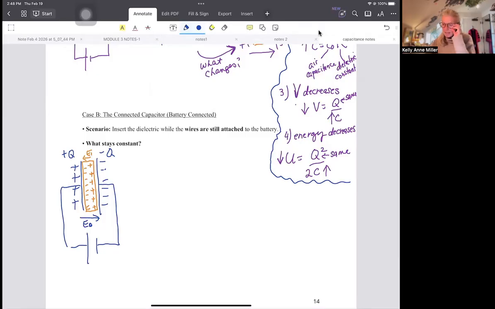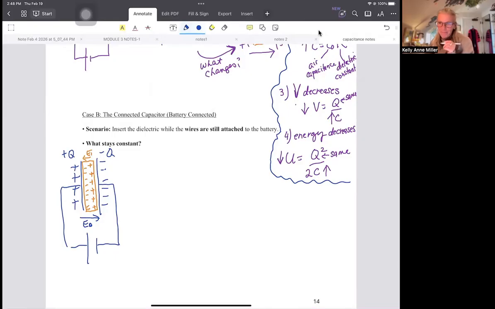But the main difference here is that now the charge is not fixed, because it's connected to the battery. So charge can change, because it has a conduit, a pathway to go.